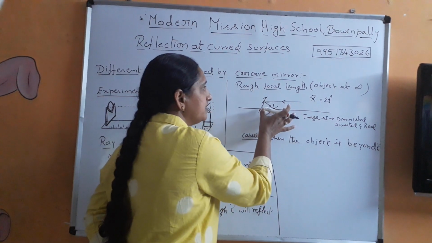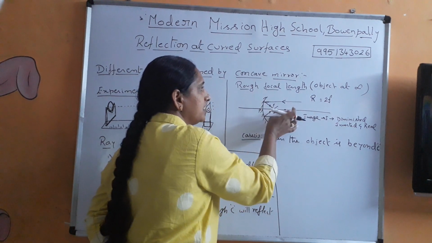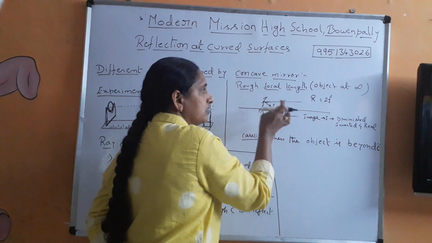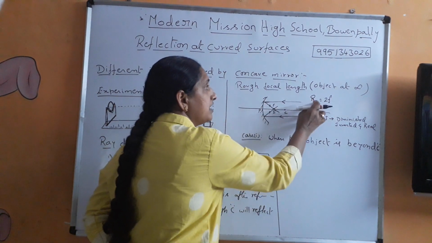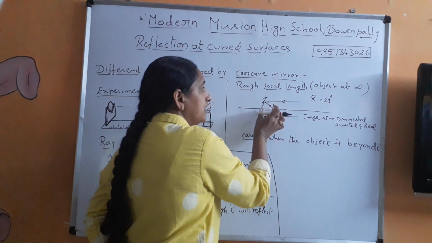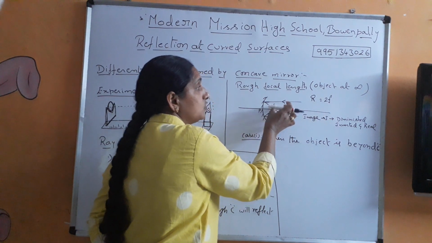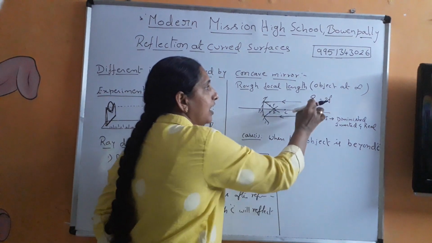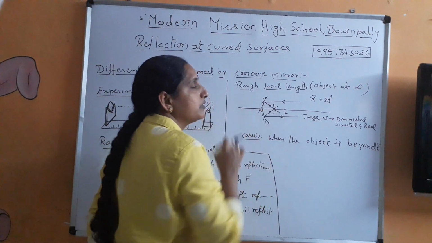If PC is the radius of curvature, the distance between a point on the curvature and the center of curvature, and R is the radius of curvature, then the focal length is half of it. So R is equal to 2F, because the focus is exactly at the midpoint between the two.